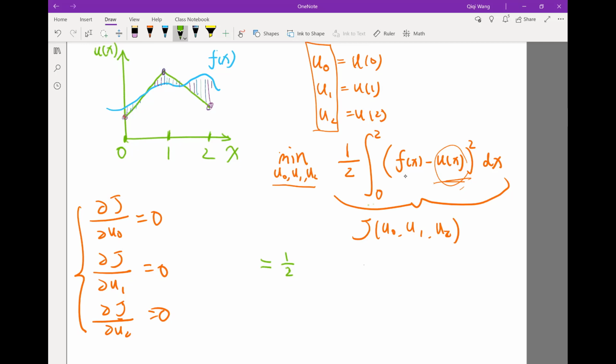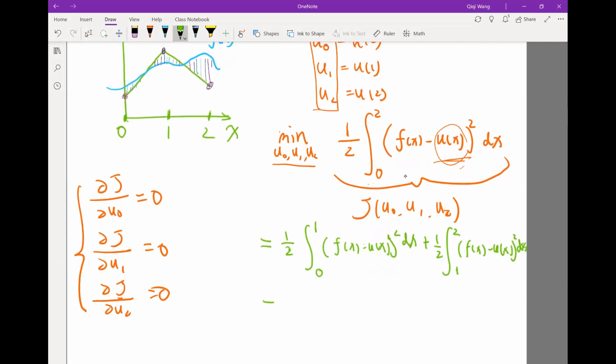Okay, in this case, we're going to split it into integration from 0 to 1, f of x minus u(x) squared, plus integration from 1 to 2, f minus u squared. And over each element, we know that u is a linear function, right?